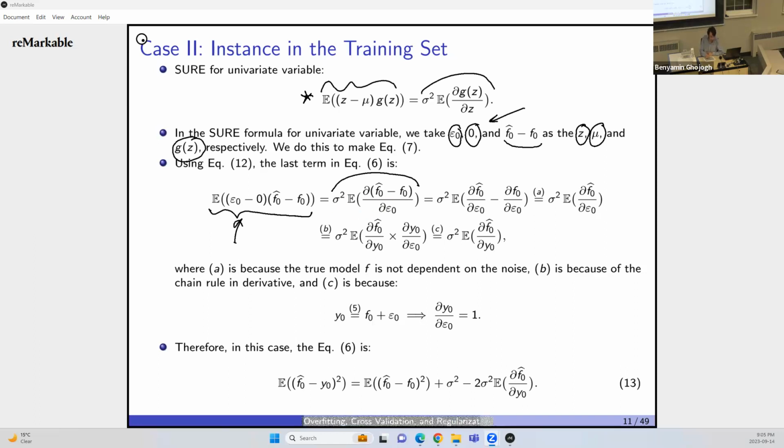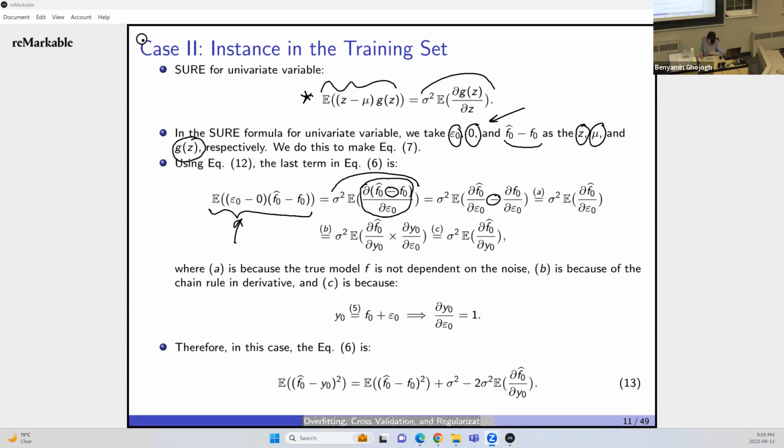Now let's simplify this right-hand side of the Stein's lemma for our case. We know expectation is a linear operator. By the way, sorry, derivative also is a linear operator. Derivative of f0 hat minus f0 with respect to epsilon 0, you can say it as derivative of f0 hat with respect to epsilon 0 minus derivative of f0 with respect to epsilon 0. Right?